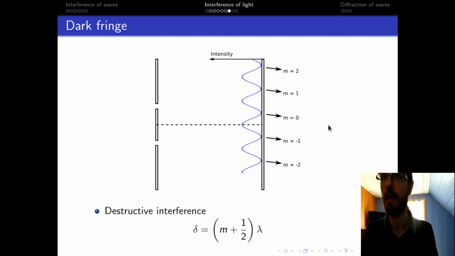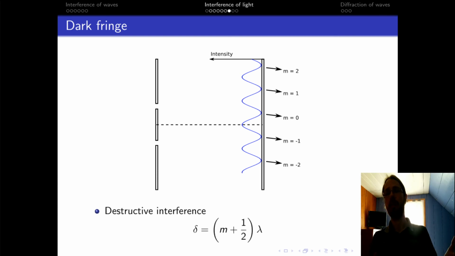The values of m for bright and dark fringes are often referred to in the exercises as the order of a fringe. So whenever you are told in the exercises that you are looking at the fringe of order 2, for instance, this means that the index m will be equal to 2. However, they might sometimes tell you that you're looking at, for instance, the third bright fringe above the center.